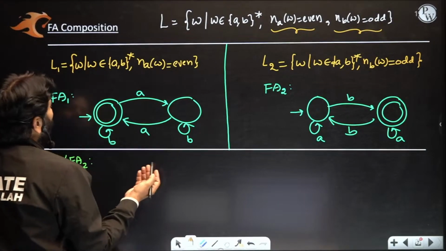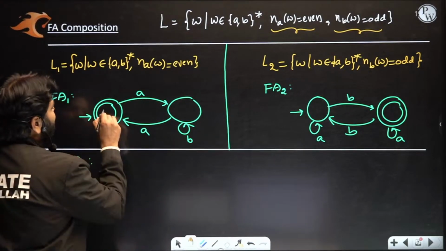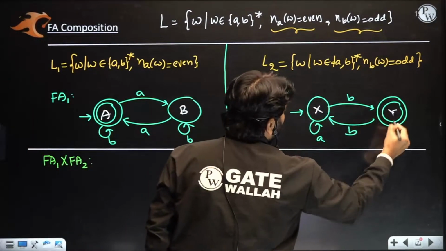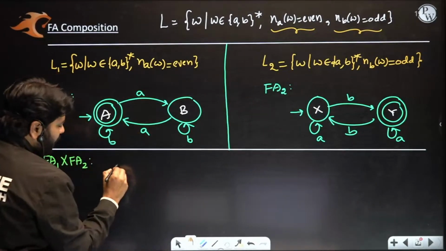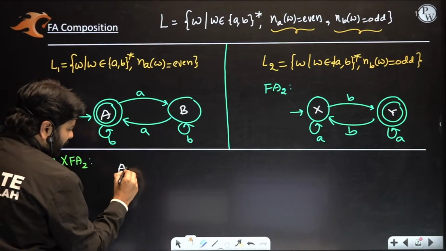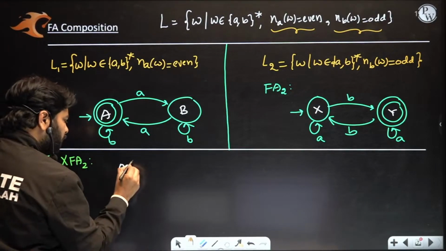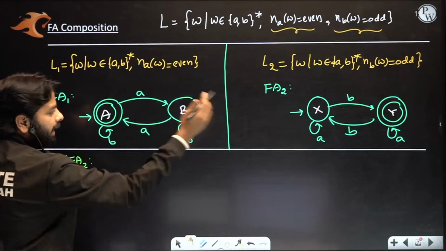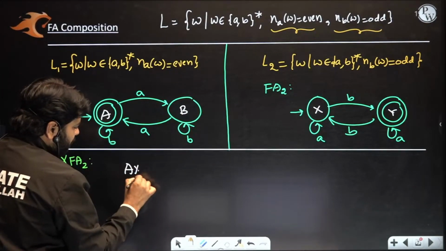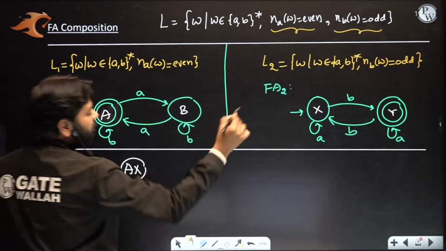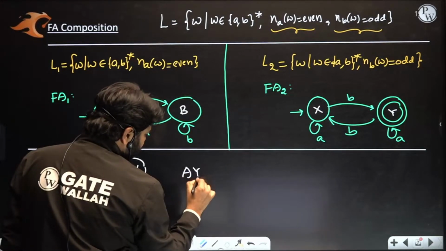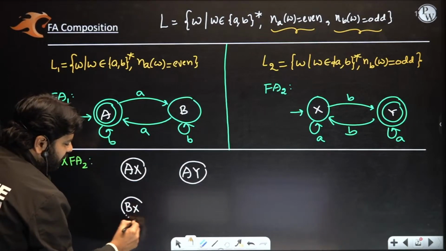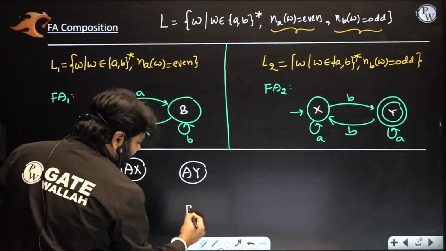Let me write here a b and x y. A comma b is the same as a b. Sorry, I am very sorry. A comma x, a x, and then a y, b x, b comma y is b y.